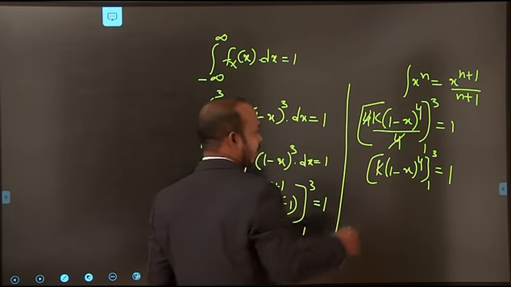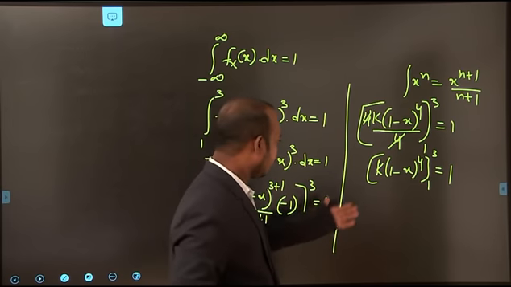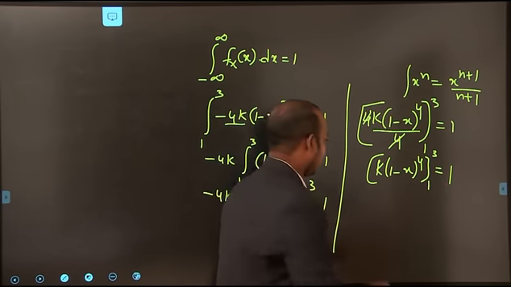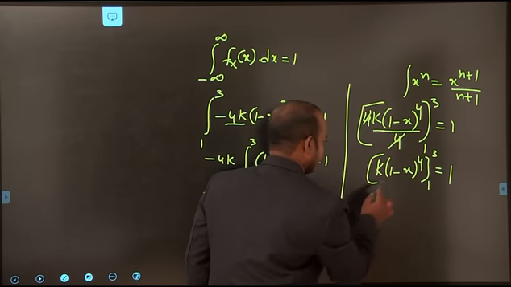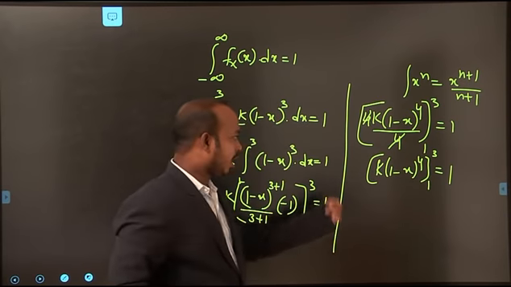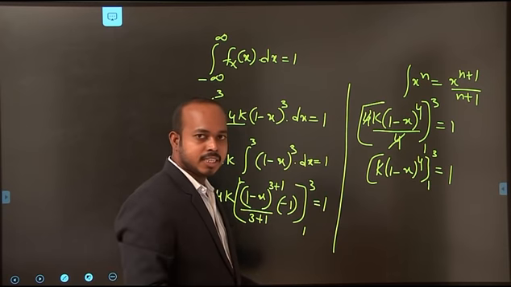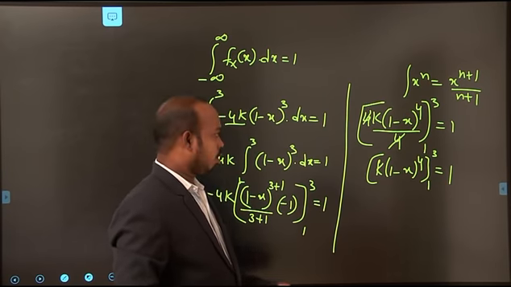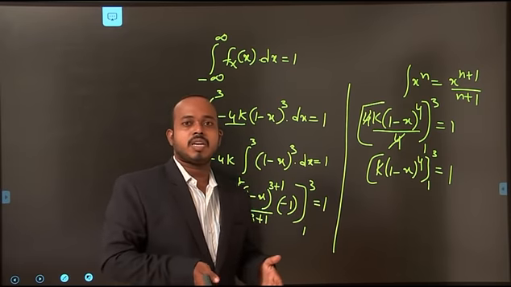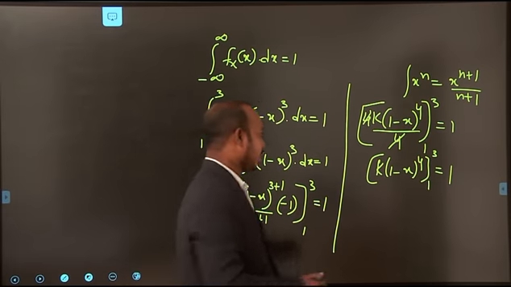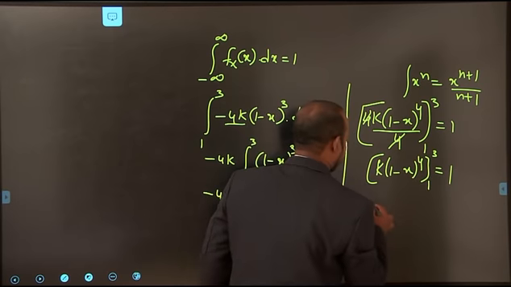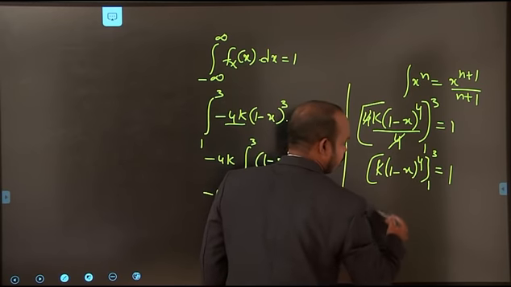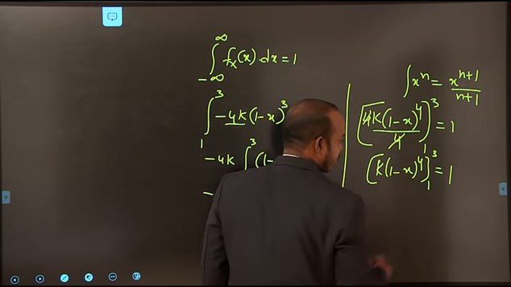Here I am moving the k value. K is a constant, that's why I am moving k to the right hand side. Then we can substitute the limits: where x is there, we substitute the higher limit 3, minus the lower limit. When I move k to the right hand side, it becomes a division.